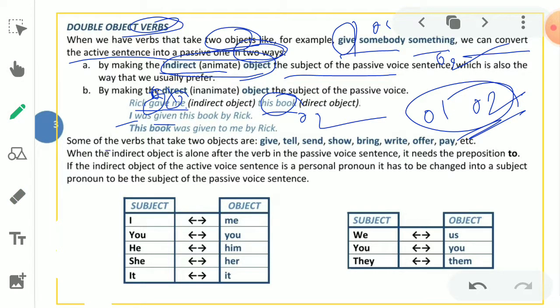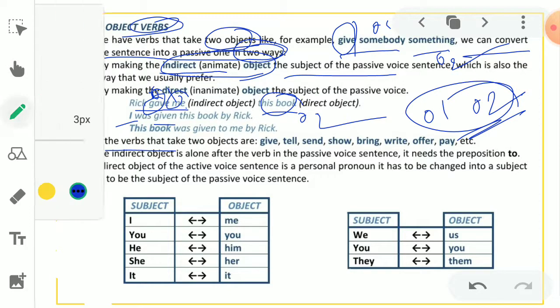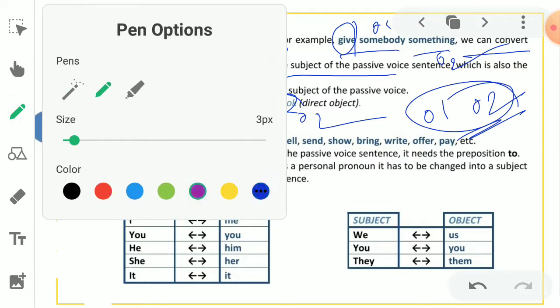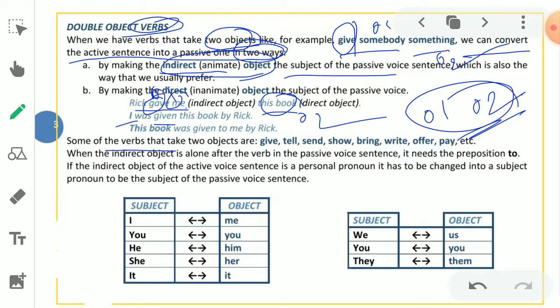Some of the verbs that take two objects are give, tell, send, show, bring, write, offer, pay. So these verbs have two objects. In what way do these verbs have two objects?